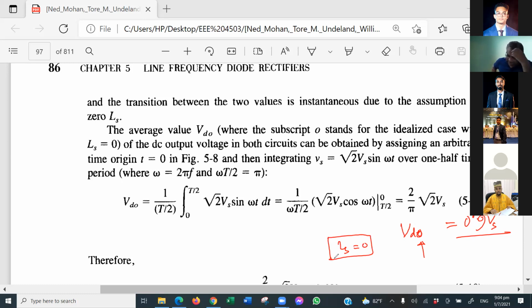Who told that LS equals 0? Ashik, yes. So that is why they put it VDO, and VDO is equal to 0.9 VS.